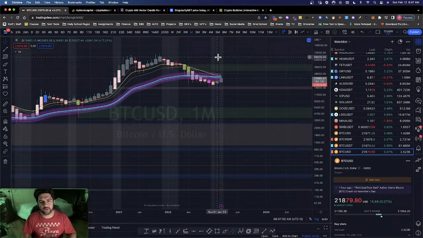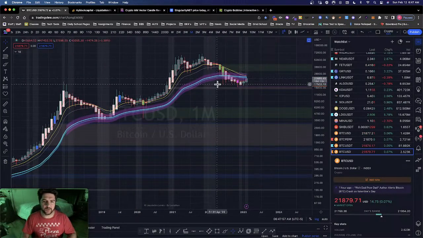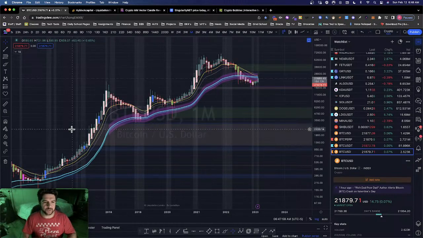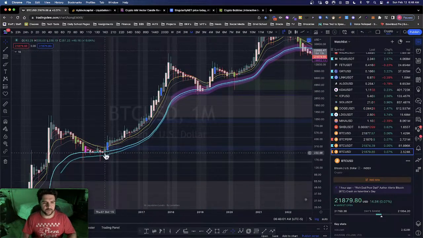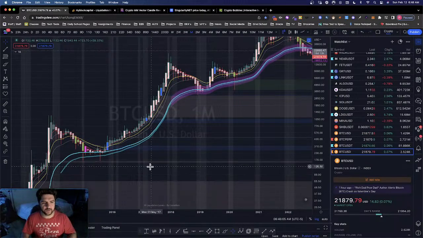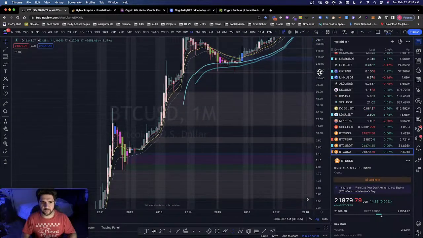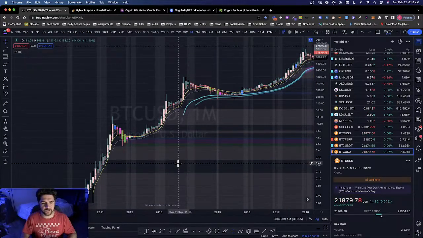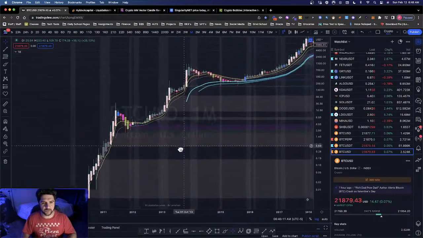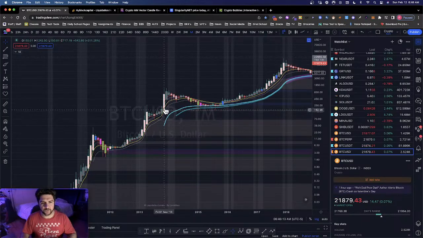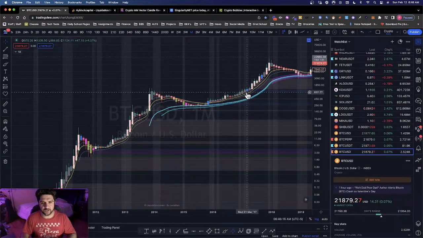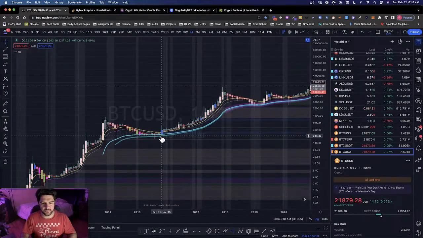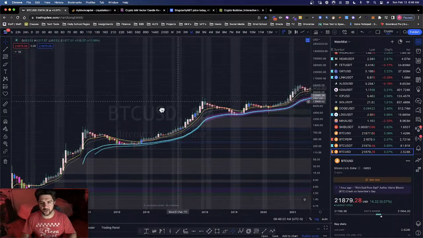See, everyone will point this out on your monthly. They love the monthly because every time in Bitcoin's history you've gotten a green Heikin-Ashi candle in your month, you've had a very strong uptrend. I don't know how far back you really need to go for this. More recent stuff is better, but coming back to 14 and 15 at least, you've gotten your monthly flipped and you've had a very strong uptrend.